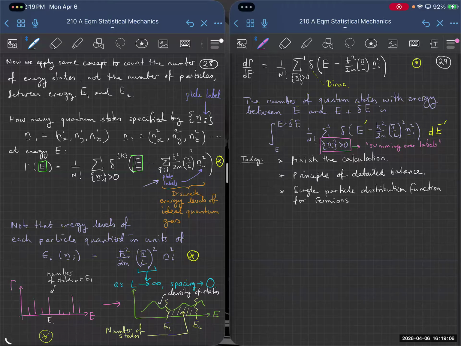Just to clarify, the sum is not just summing each quantum number vector once. It's summing them by the number of particles that corresponds to that. Each particle has a 3 vector associated with it, which is its quantum state, nx, ny, nz. And then you're going to be summing over all the integer values of nx, ny, nz, 1 to infinity.